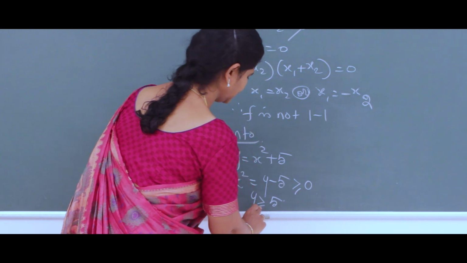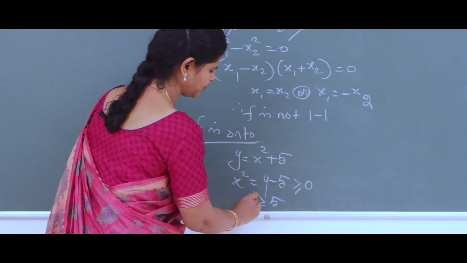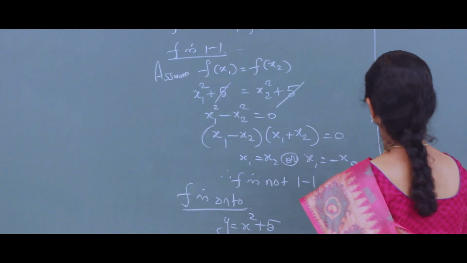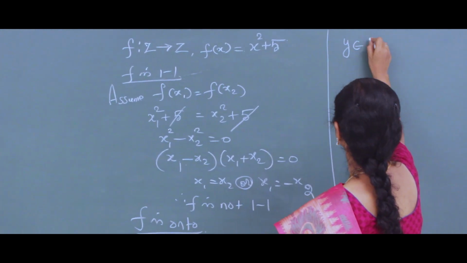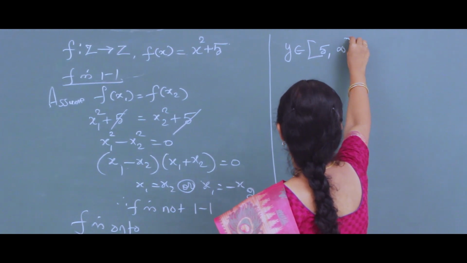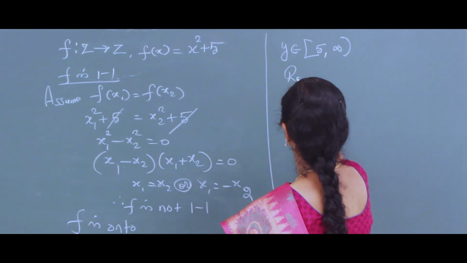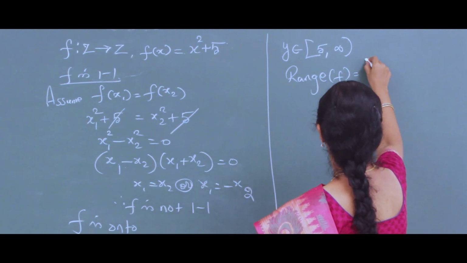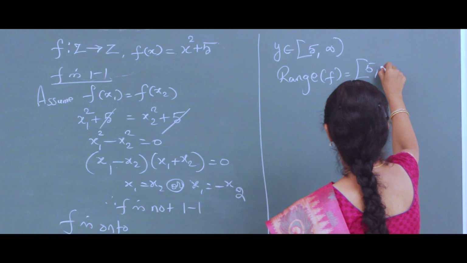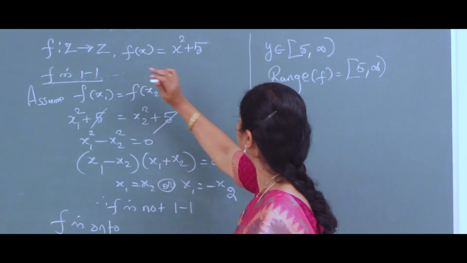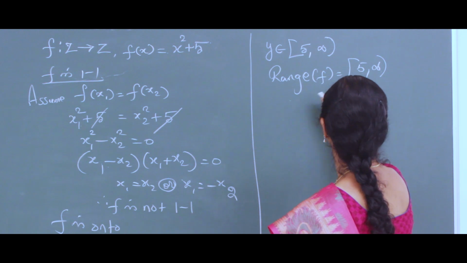Okay, as we did in the last class, we are going to write the range. y is greater than or equal to 5 means y belongs to the closed interval 5 to infinity. So this is your range. So the range of f is equal to the closed interval 5 to infinity. So it starts from 5. But what does the set of integers look like?